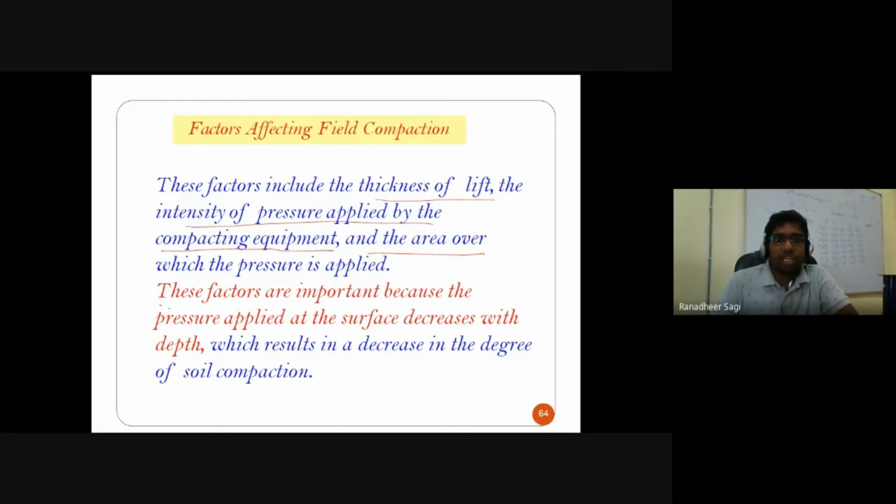These factors are very important because the pressure applied at the surface decreases with depth. When I say the load I am trying to apply on the ground, let's say this is my surface, and the load I am trying to apply is some 100 kilonewton over this complete area at the ground surface.